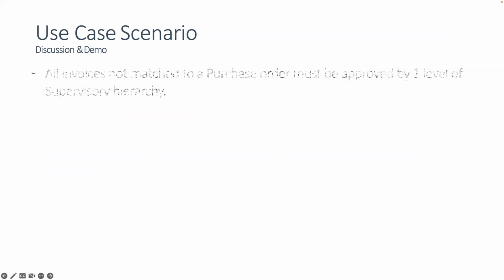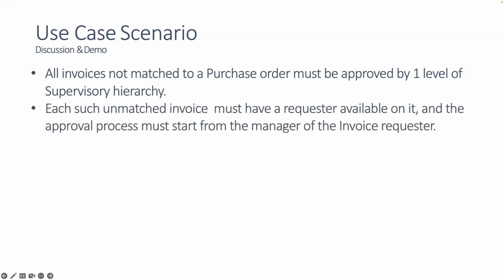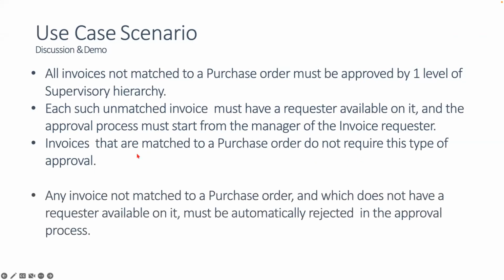So here we've got invoices not matched to a PO must be approved by one level of supervisory hierarchy. Any such unmatched invoice must have a requester available on it. So again, these are the kinds of rules you could put in, that it requires a requester. If it's not matched to a PO, then it should be rejected, and so on.